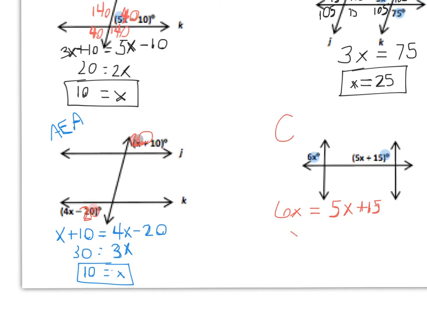So subtract 5x, I get x equals 15. So I have full expectation that you could plug 15 into your angles for x, and then you could figure out the rest of these problems.